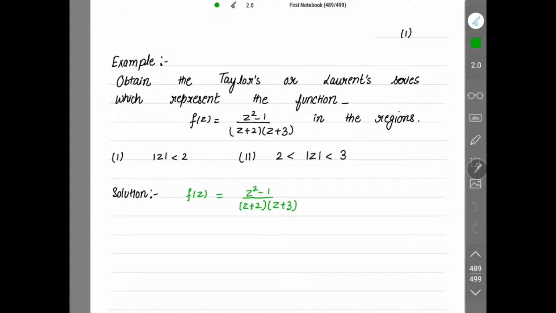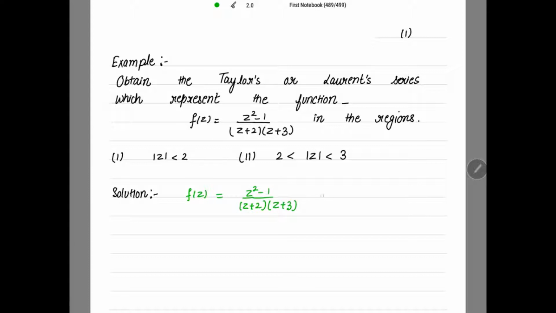Right? So here f(z) is equal to (z² − 1) over (z + 2)(z + 3). Now you will observe that in this function, the power of the numerator is equal to the power of the denominator. If this happens, we cannot expand, right? So we need the power of the numerator to be less than the power of the denominator.